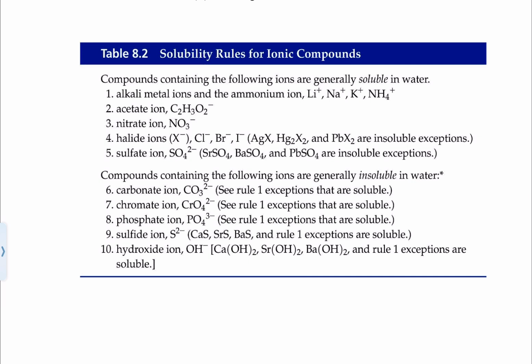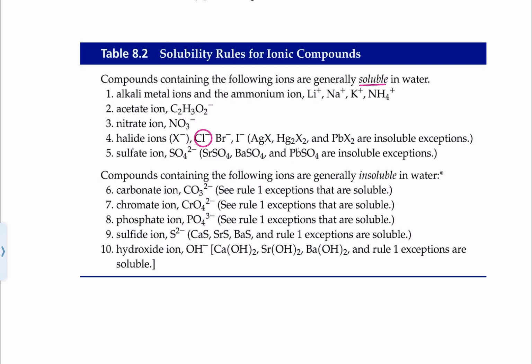Okay, ammonium chloride. So ammonium chloride, let's look here. All halide ions, we have a chlorine in our ammonium chloride, are going to be soluble. Let's see what our exceptions are.